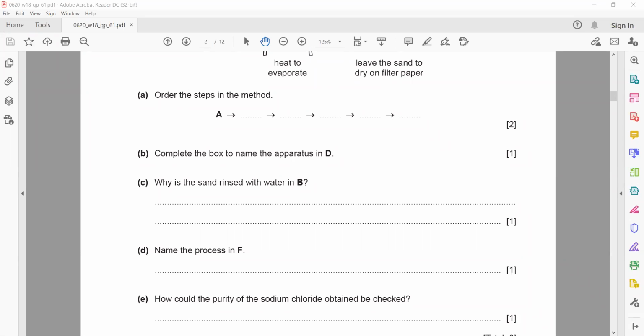So to ensure that no NaCl is present, or to clear the remains of NaCl, or to remove the rest of sodium chloride, we wash it with water.